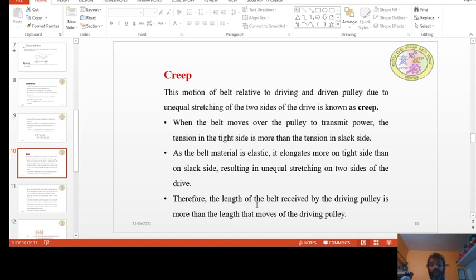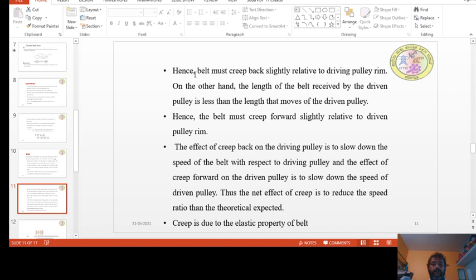Therefore, the length of the belt received by the driving pulley is more than the length that moves off the driving pulley. Hence, the belt must creep back slightly relative to the driving pulley rim.